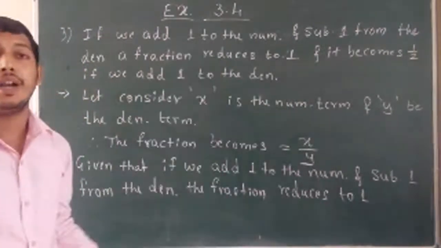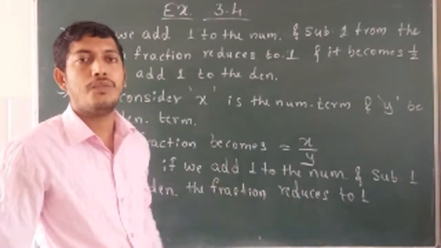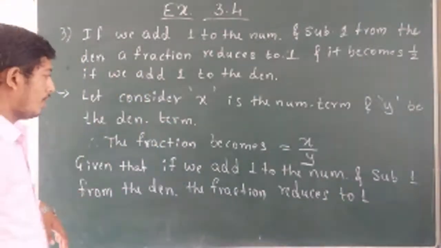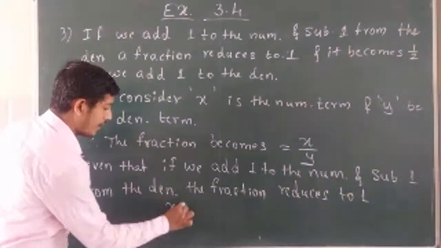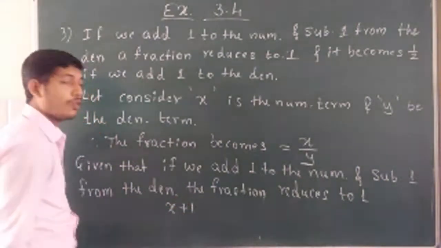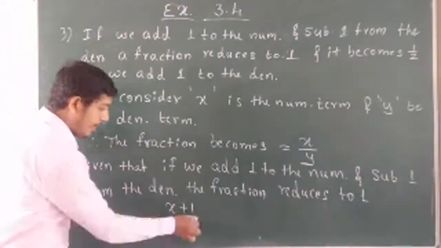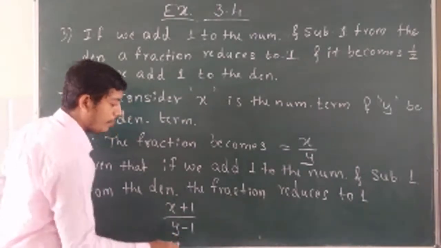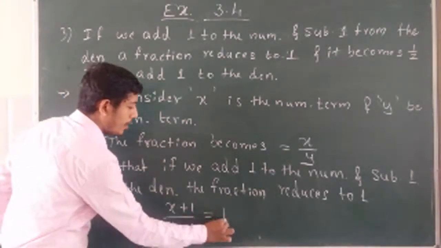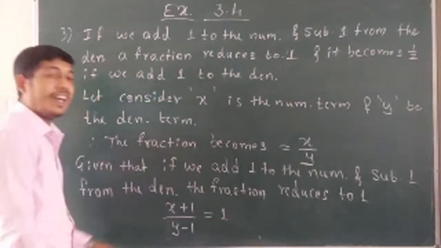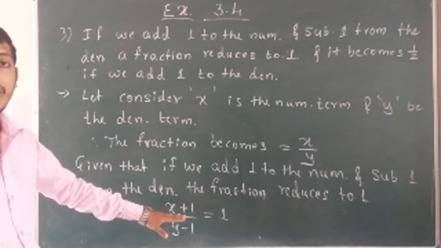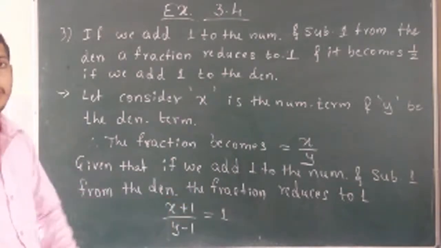So we have to add 1 to the numerator, and subtract 1 from the denominator, so it becomes y minus 1, and the whole answer becomes 1. That is, x plus 1 divided by y minus 1 equals 1.